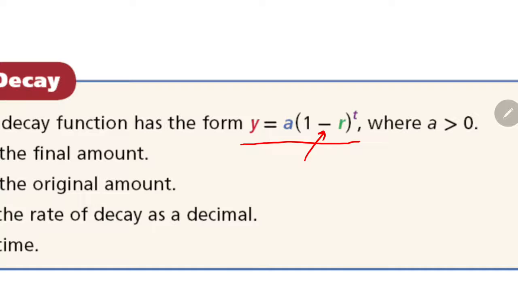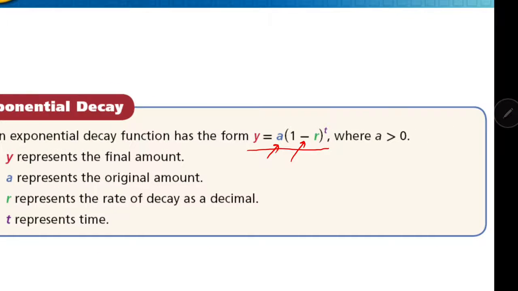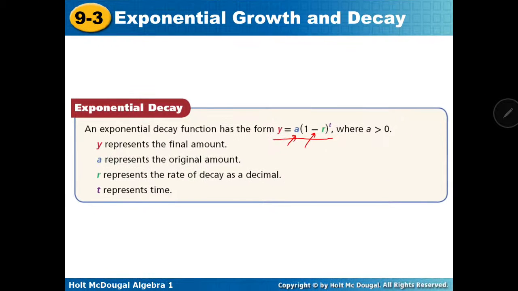When I make 1 minus r, it will be less than 1, so the answer will be less than a, right? a is the original amount, r is the rate of decay, written as a decimal, and t represents the time.